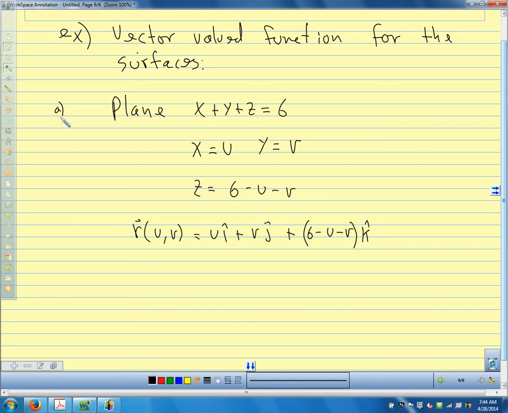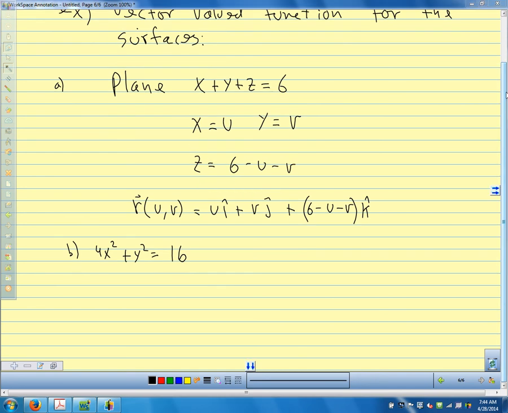How about 4x squared plus y squared equals 16? Have to do a little more work with this one. What do we want to do first?